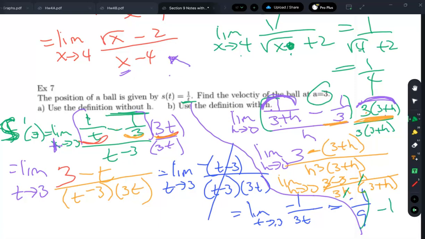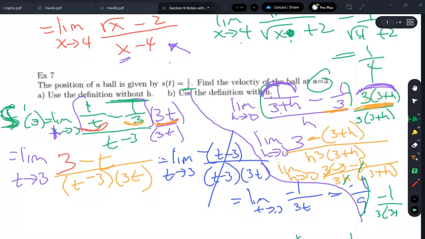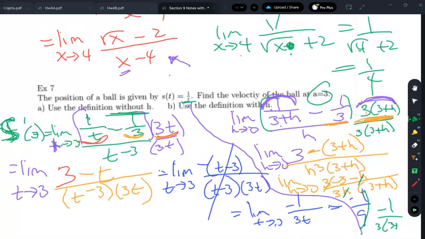So I get a negative 1 over a 3 times a 3. Let me write down. Negative 1 over a 3 times a 3 plus h. And I still need to take the limit as h goes to 0, right? So if I put h equaling 0 in there, I get a negative 1 over 3 times 3, a negative 1/9. Oh, good thing it turned out to be the same answer as the last one.